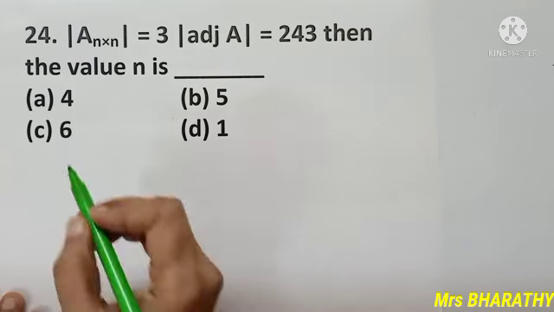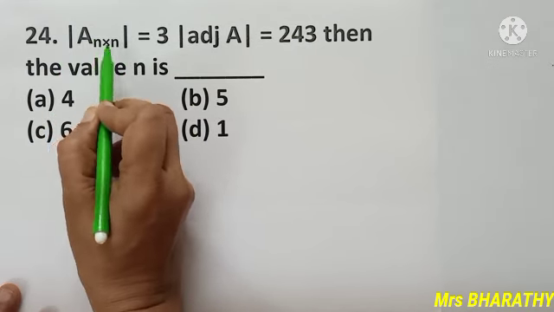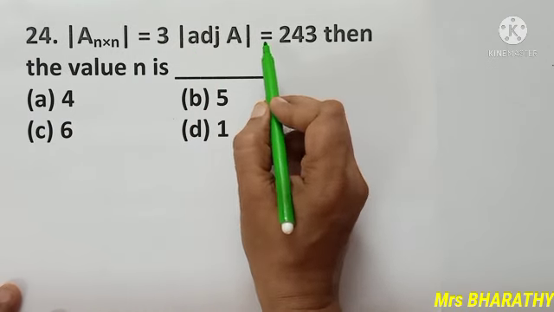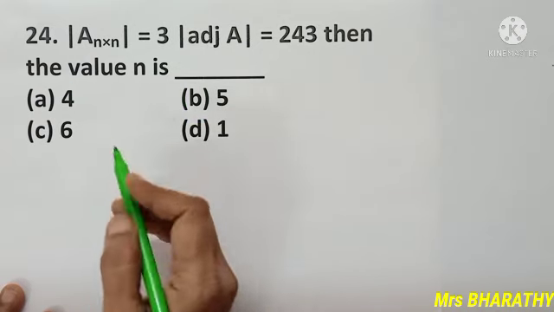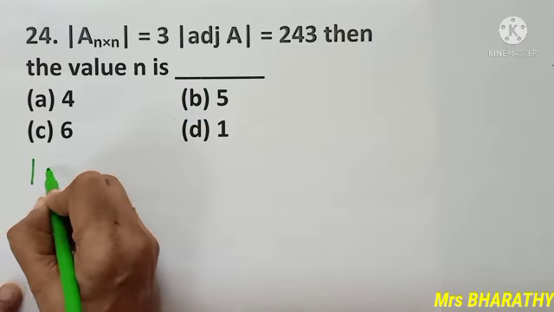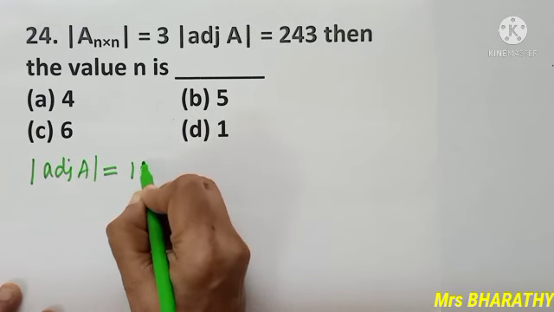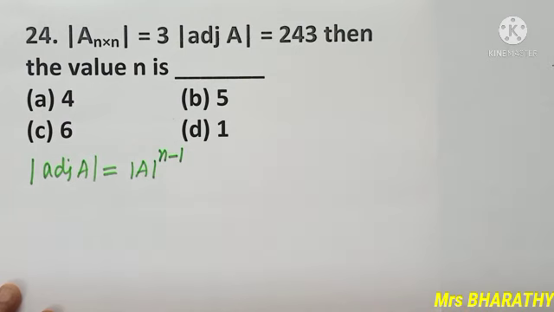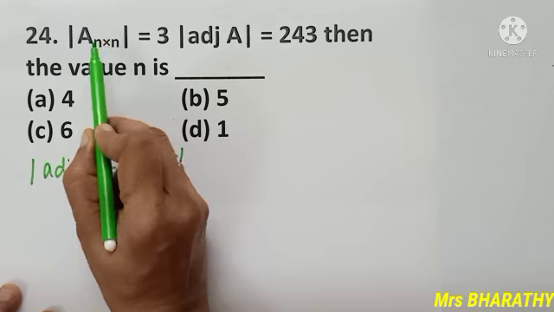Question number 24. Determinant of A of order n is 3. Determinant of adjoint of A is 243. Then we need to find the value of n. We know the formula: determinant of adjoint of A is determinant of A, the whole power n minus 1, whenever A is of order n.